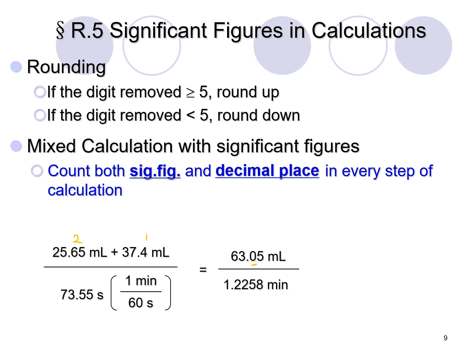The digit of 0 here. By stopping at the digit of 0, we realize there's 1 decimal place. And how many sig figs? 1, 2, 3, because the 5 is out. The 5 should be out later. So we know we need 1 decimal place and 3 sig figs from that 63.05.